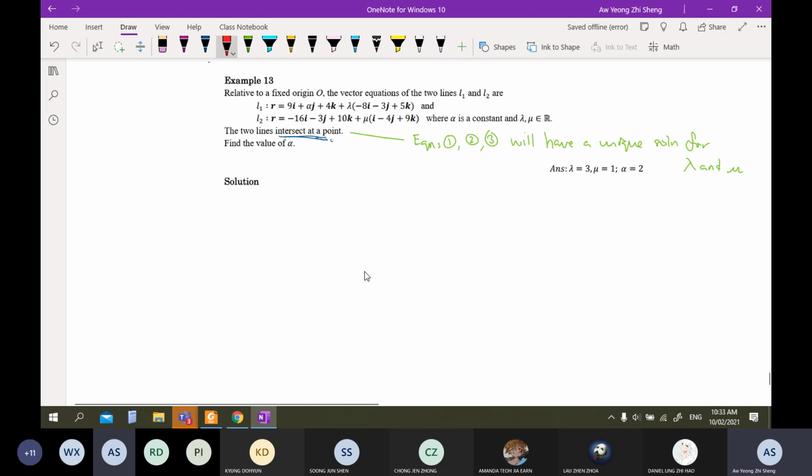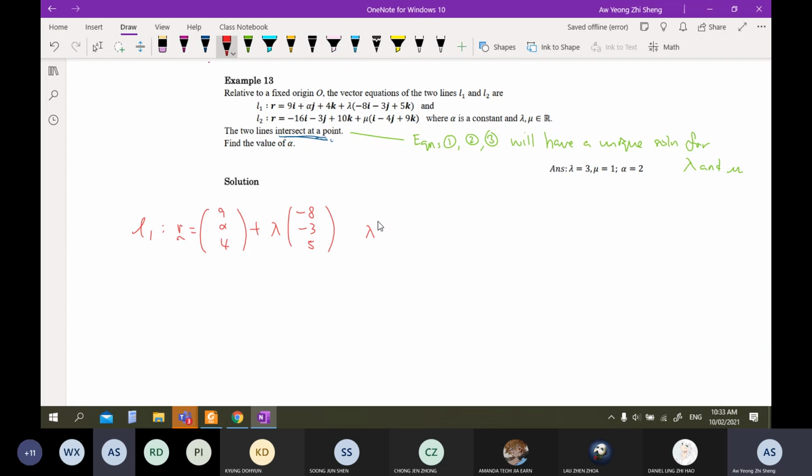Okay. Now, first of all, let's rearrange the given information into a more familiar form. L1 is r equals (9, alpha, 4) plus lambda (-8, -3, 5).